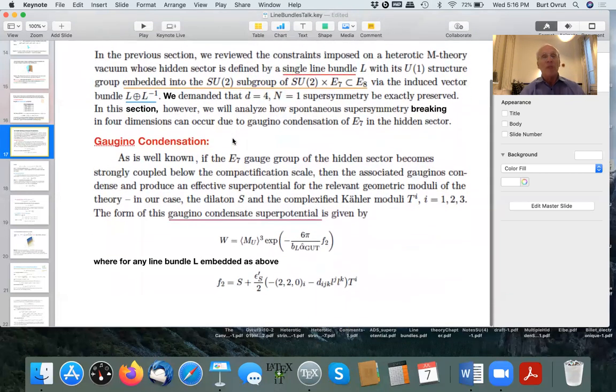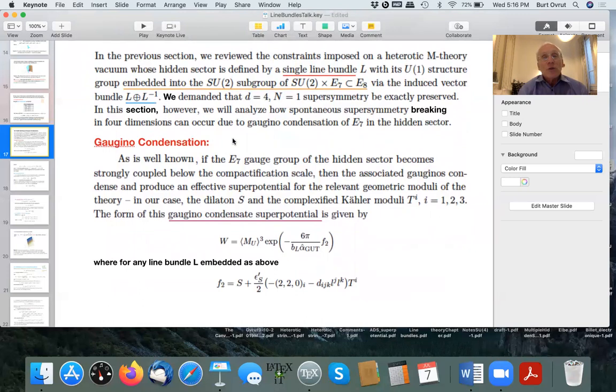The gaugino condensation superpotential is well known. It depends on the dilaton and on the Kähler moduli. We've been using little a_i as the Kähler moduli, but if you multiply them appropriately, as we'll see as we move along here, you can also call them capital T_i, and h11 was 3, so there are 3 of these Kähler moduli.